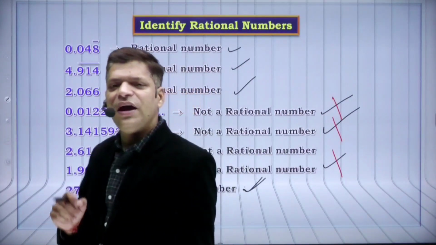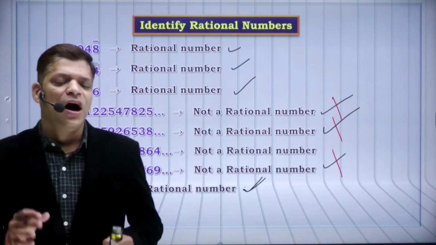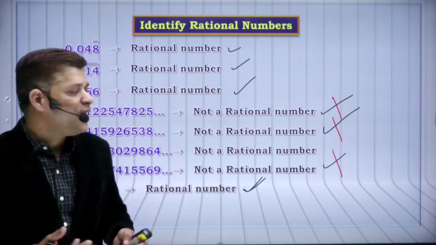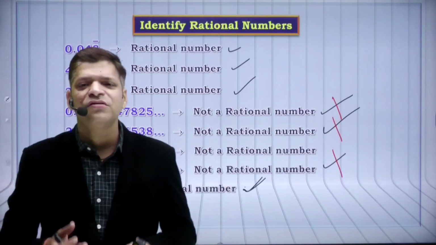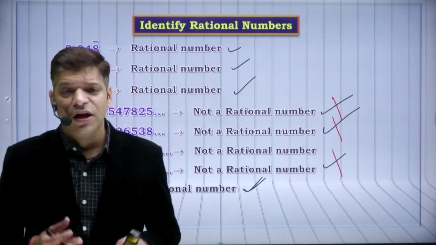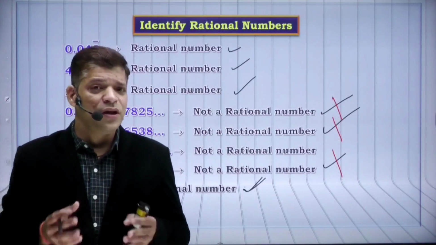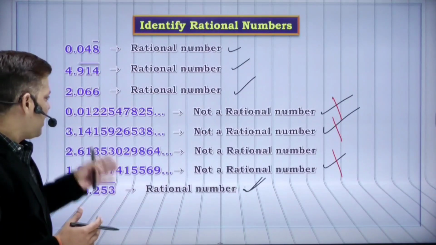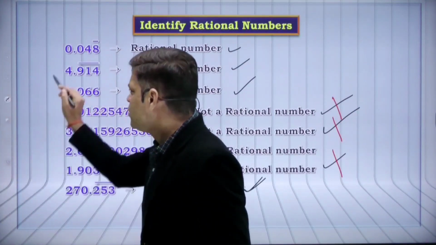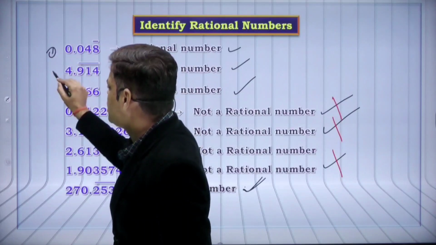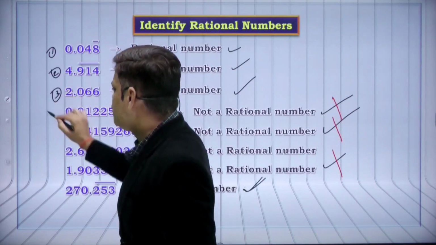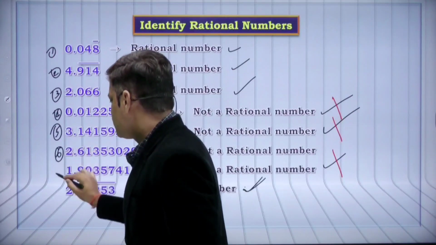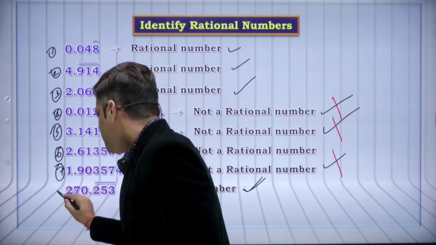So here we identified how we can evaluate whether numbers are rational or not rational. Now the next question is about the numbers which are not rational numbers. Here I just want to give serial numbers 1, 2, 3, 4, 5, 6, 7 and 8.